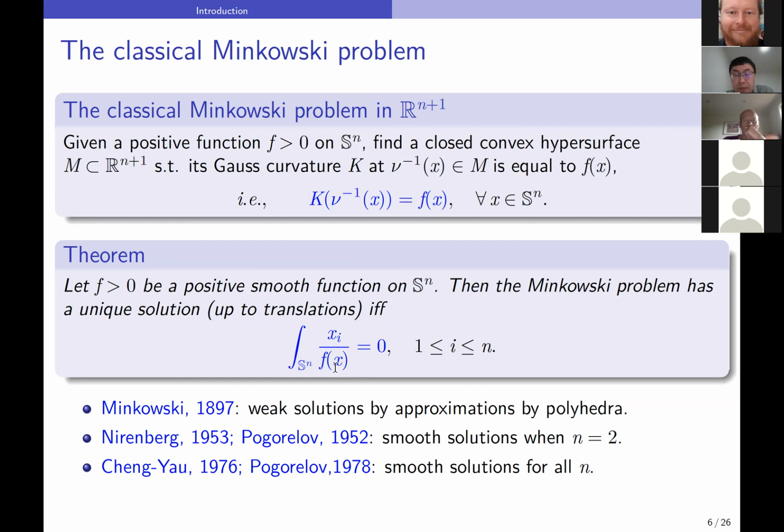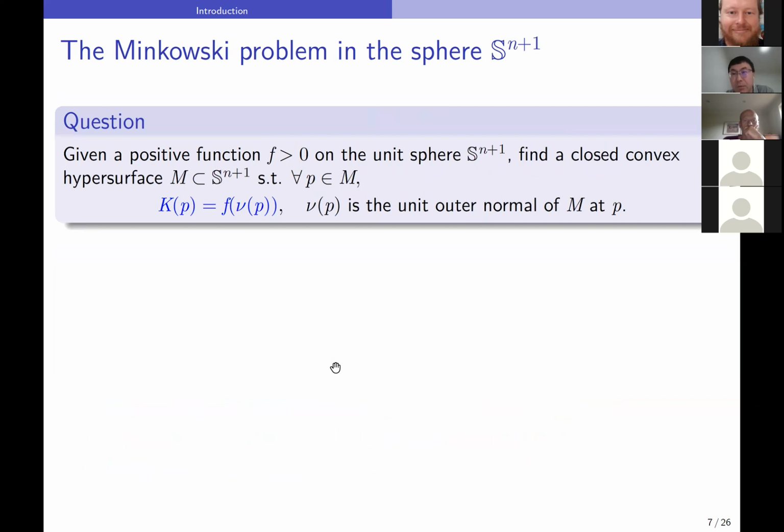So the classical Minkowski problem prescribes Gauss curvature in Euclidean space. A natural question is to consider the corresponding problem when the ambient space is the sphere S^{n+1}. This is the so-called Minkowski problem in the sphere.